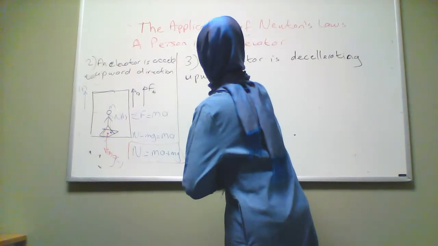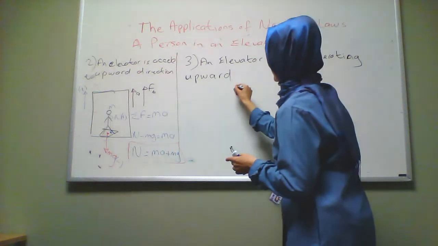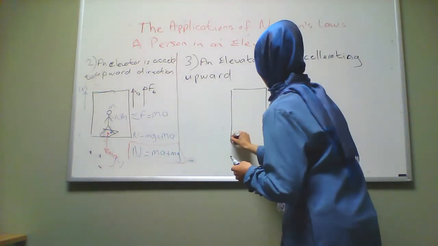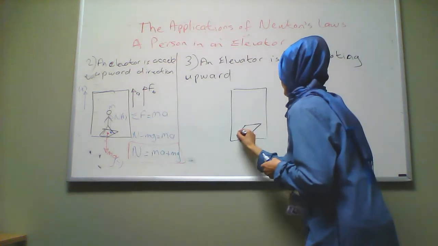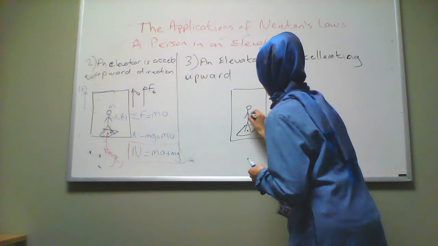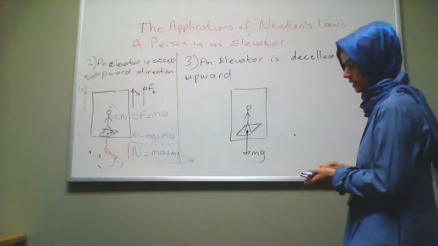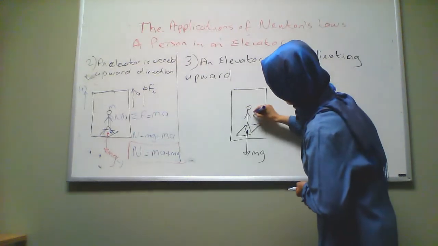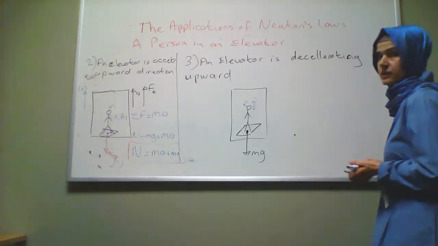I'll ask you the downward ones. So now our elevator is not accelerating upward, but decelerating. So the person is here, he's looking at his scale, mg here, and N is again what the weight scale reads. M is the mass of the person.